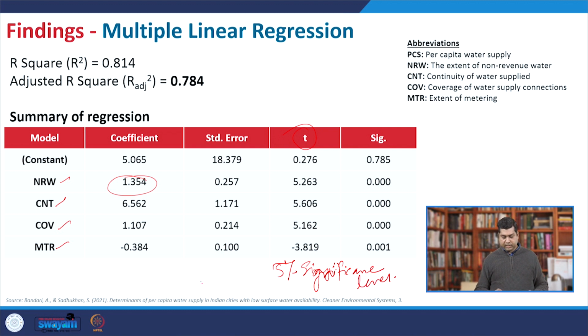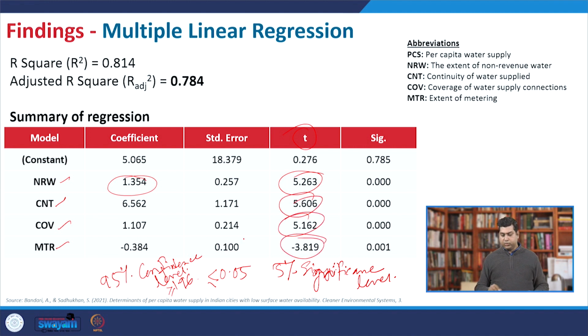which is basically a significance value less than or equal to 0.05, or at the same time it can also be referred to as a 95% confidence level, where the t value should be greater than or equal to 1.96, which is the case for all these three. Don't go with the sign now, I'll explain that.